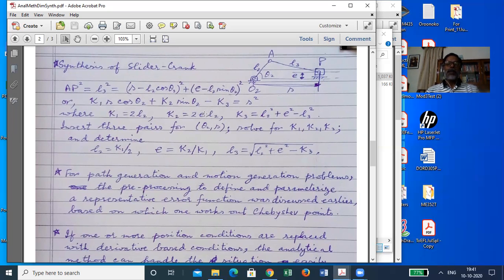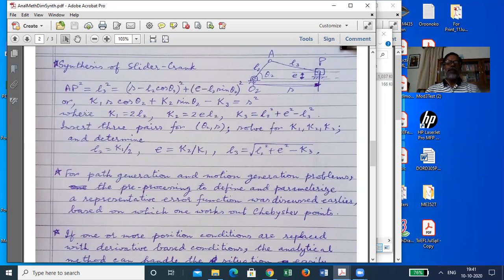So E has a dimension of length. And the constant term except for this S square, because the S square will remain on the other side. S square is now known for all the positions. The remaining terms will basically be L3 square, and from this side L2 square will come, and from here E square also will come. And that is why it is L2 square plus E square minus L3 square.